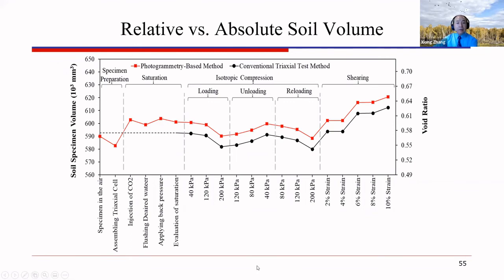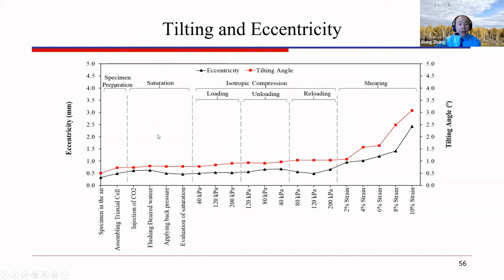As you can see, you have significant difference during the installation process. If you do not pay attention to it, your result will be completely nonsense, right? But after that, our results match the measurements from the LVDT displacement method actually very well. And then you can also find out the soil specimen actually is not installed very well, right?